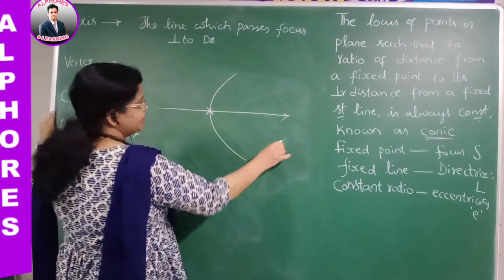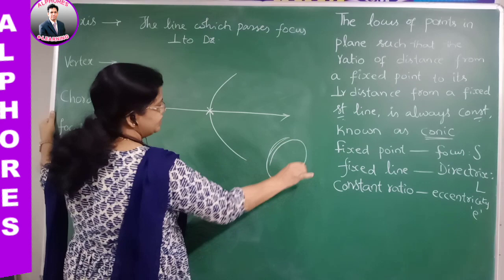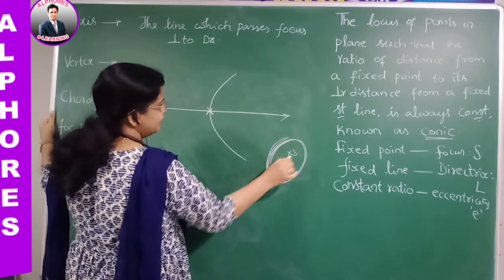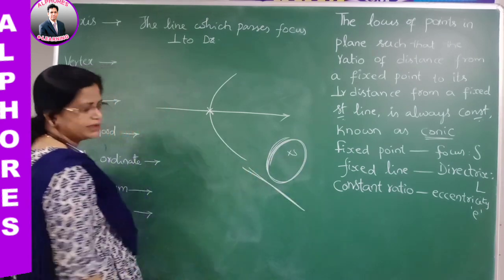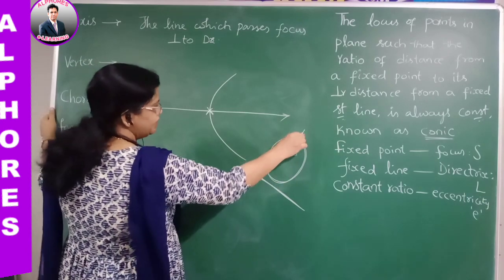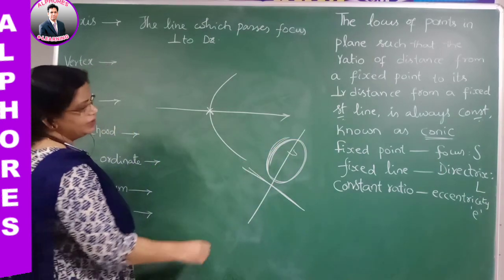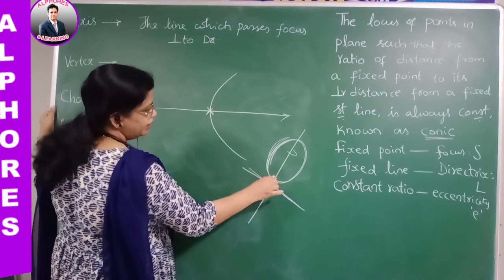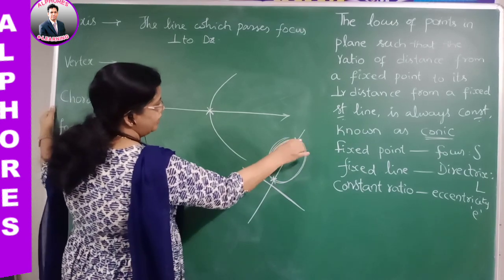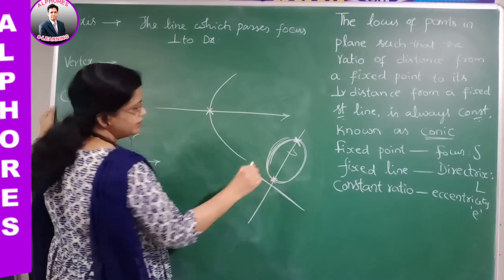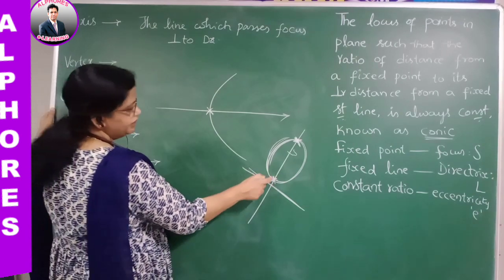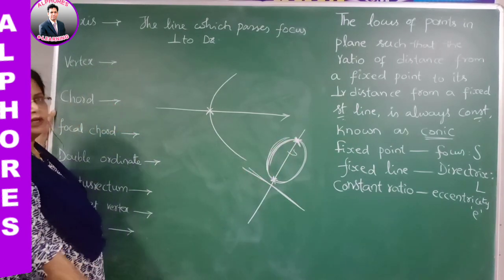And suppose this is our conic, here the focus is there and this one is the directrix. This is the axis. Now the axis is intersecting the conic at how many points? At 2 points. Therefore we call these two the vertices of that particular conic.